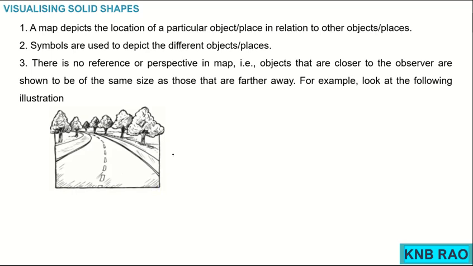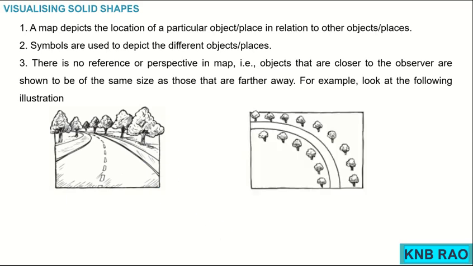Here is a road with trees along the side. This is the picture, whereas this is how the map of it looks. Whether the distance between two trees is equal or not, whether the trees are big or not, that doesn't matter at all when it comes to a map. We just locate the positions.